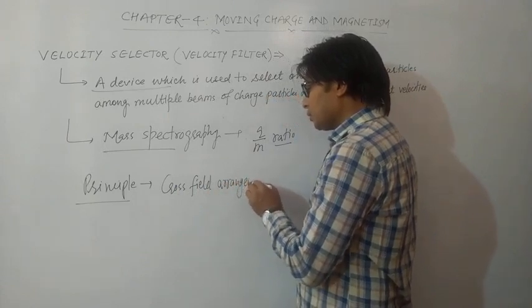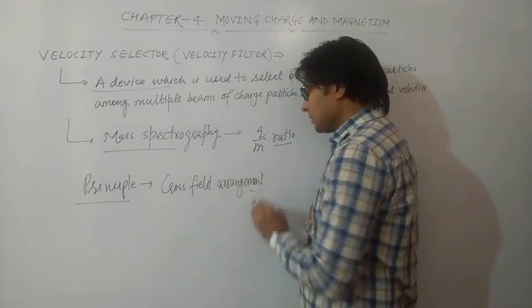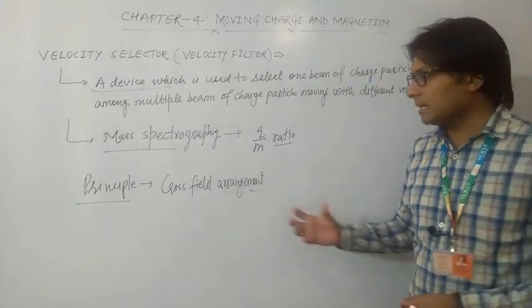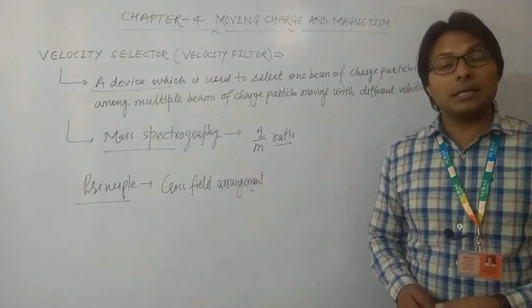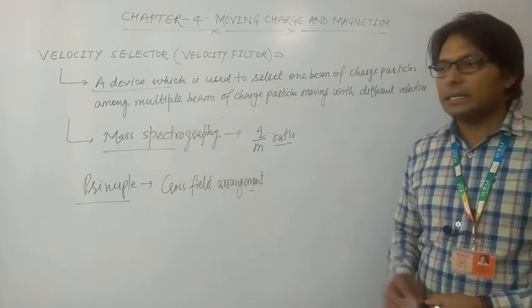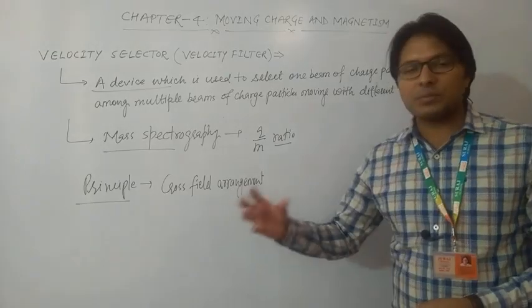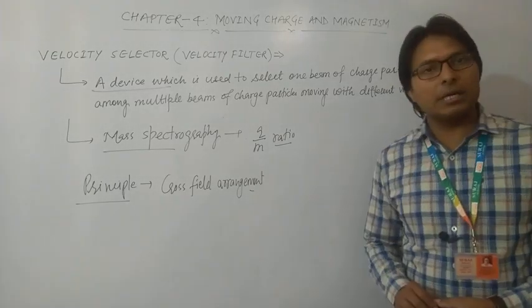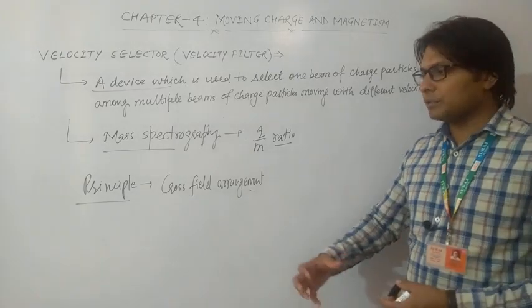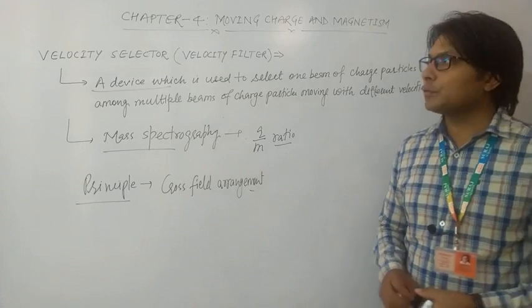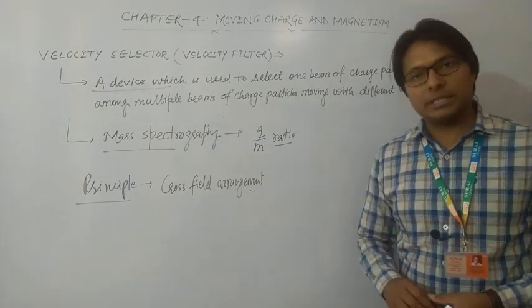In that cross field arrangement, if the magnetic force and electric force are equal in magnitude and opposite in direction, then the charged particle will move undeviated or undeflected out of that chamber. So this is the principle of working of the velocity selector.